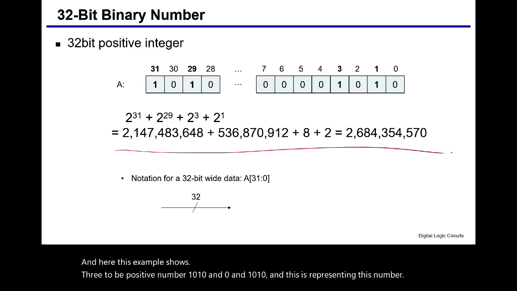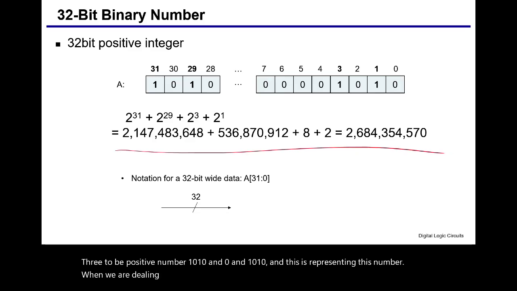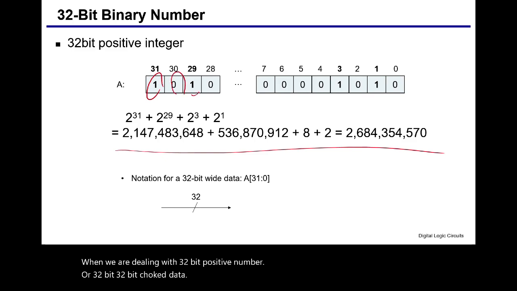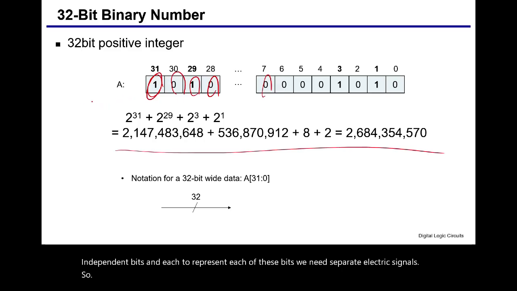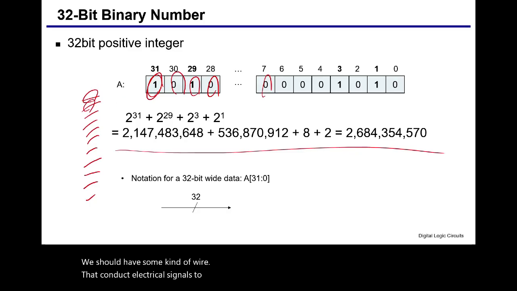When we are dealing with a 32-bit positive number, each of these bits is an independent bit, and to represent each of these bits, we need separate electric signals. So we should have some kind of wire that conducts electrical signals to convey each of these bits in our hardware.